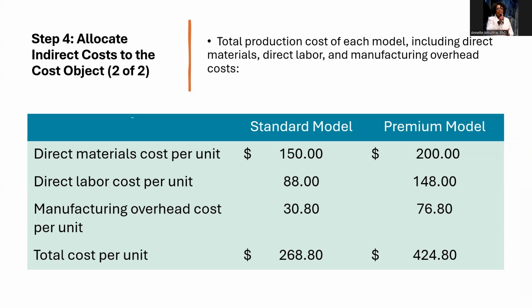So the total production cost of each model, including direct materials, direct labor, and manufacturing overhead costs, is $268.80 for the standard model, and $424.80 for the premium model.